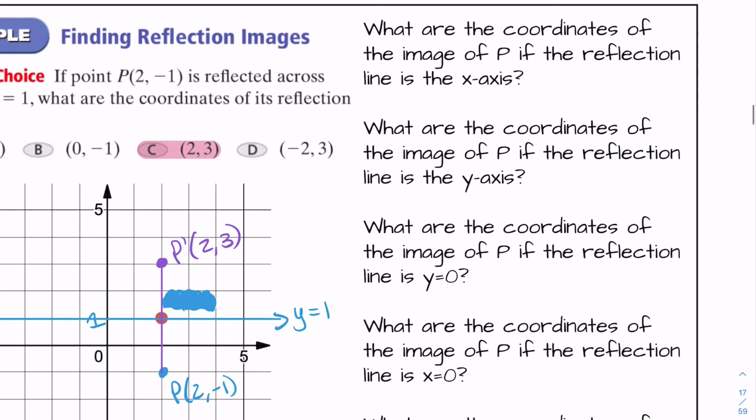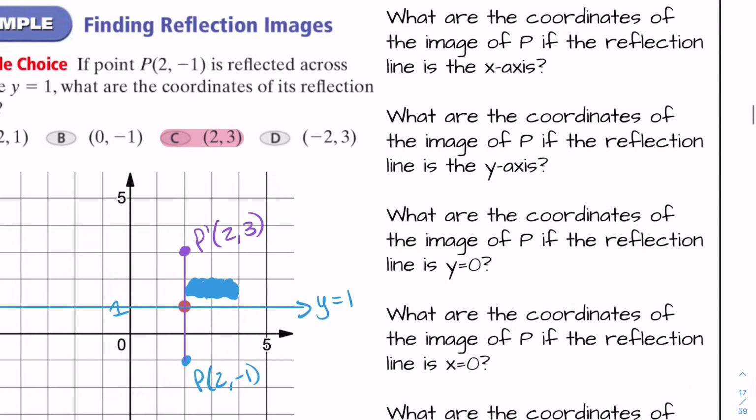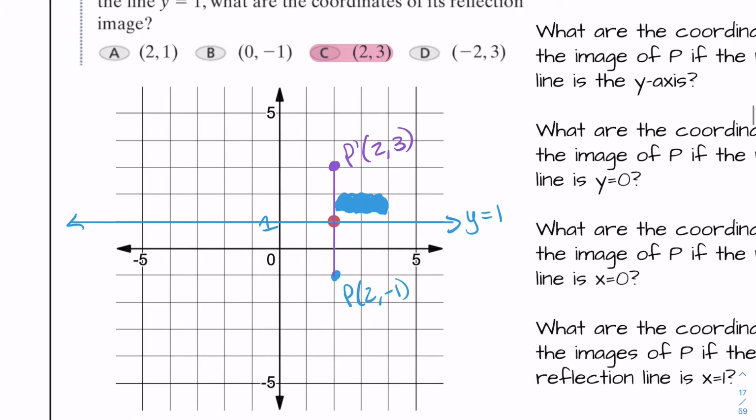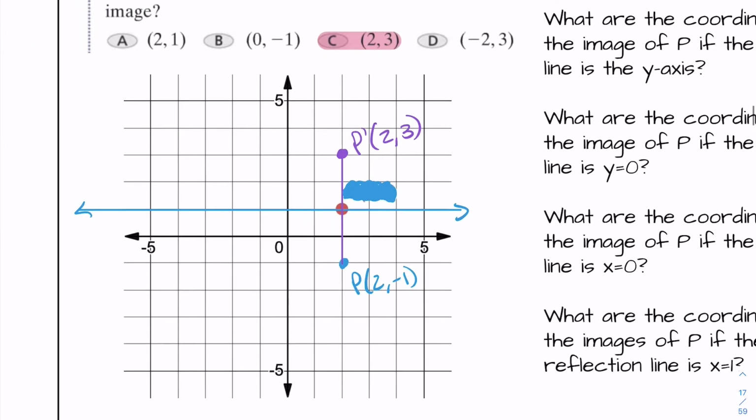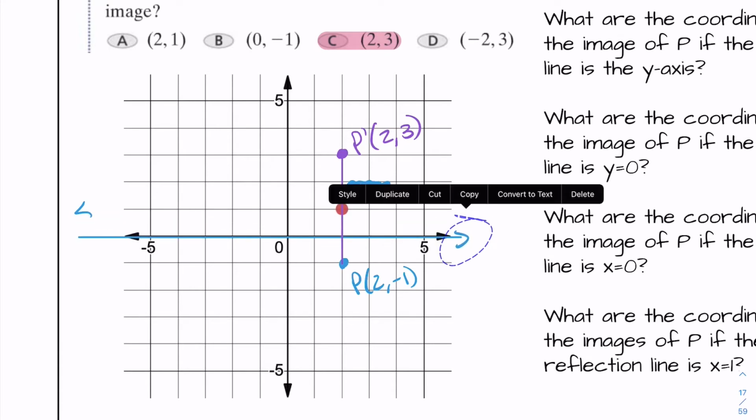So what are the coordinates of the image of P if the reflection line is the x-axis? So let me move this line down and do a reflection across the x-axis. So here's the x-axis. I'm just going to move this down.